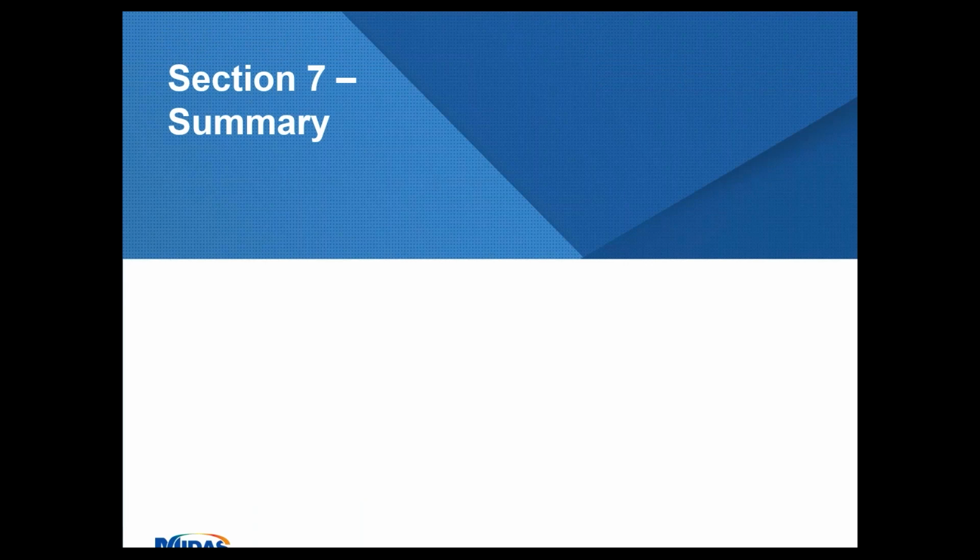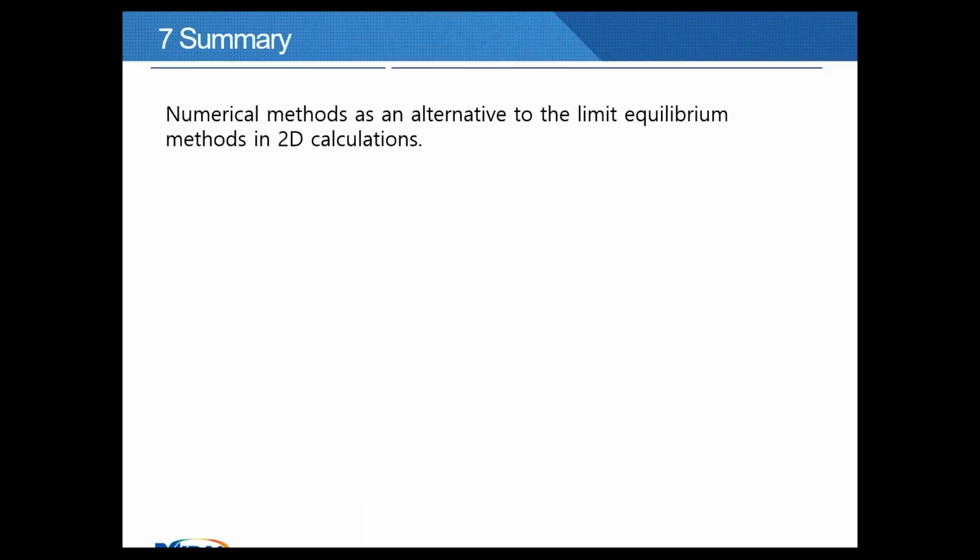And summary of my presentation. So the first, numerical methods are a good alternative to the limit equilibrium method in 2D calculations because we don't need to define the slip surface.